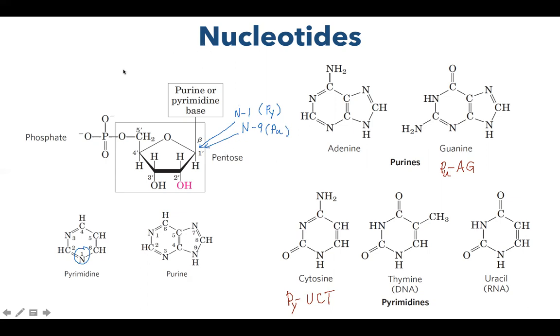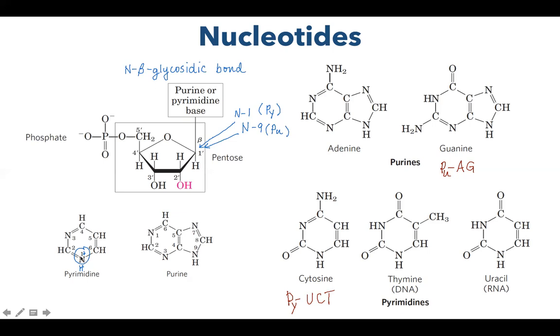So the attachment is called an N-beta glycosidic bond. It's also a dehydration reaction, so water is released. Initially we have a hydrogen here attached to nitrogen 1 of your pyrimidine. This is the state of the charge of the nitrogen 1 at physiological pH. So you have a hydrogen attached to it, so it's protonated, and the nitrogen here is positively charged.